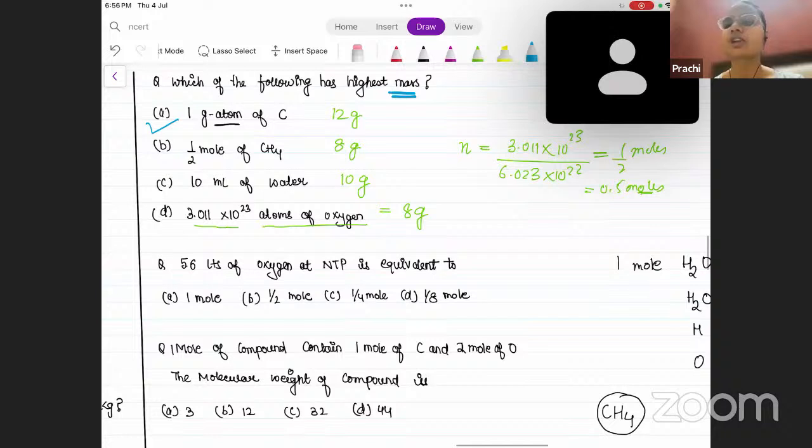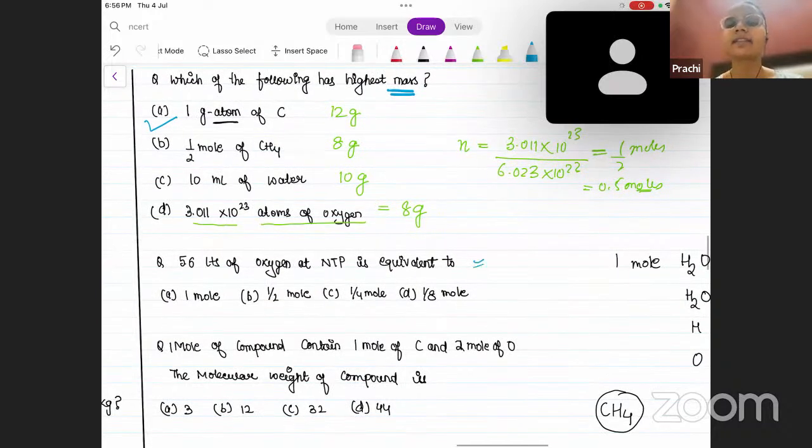Now you have to try this problem, and here this is 5.6. This is not 56, this is 5.6 liters of oxygen, as NTP is equivalent to. You would see two kinds of conditions. One is STP and one is NTP, right? STP is standard temperature and pressure.